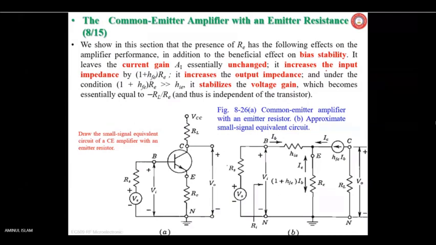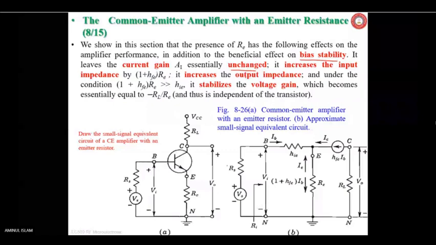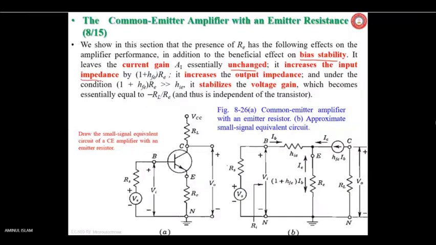Anyway, coming to the simple thing you are not understanding, let me go further. Here it provides the bias stability, as we discussed. It leaves the current gain AI unchanged, so there is no effect on current gain. It increases the input resistance by (1 + hFE)RE.